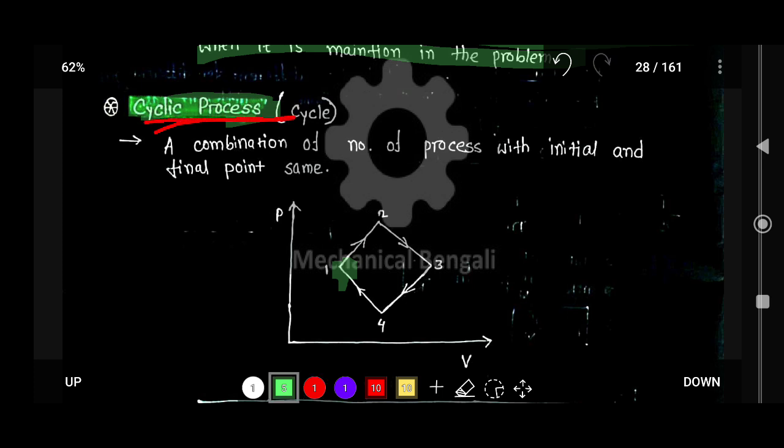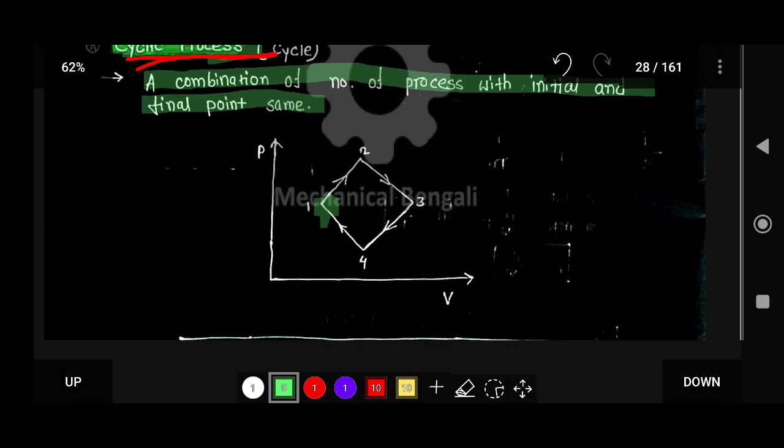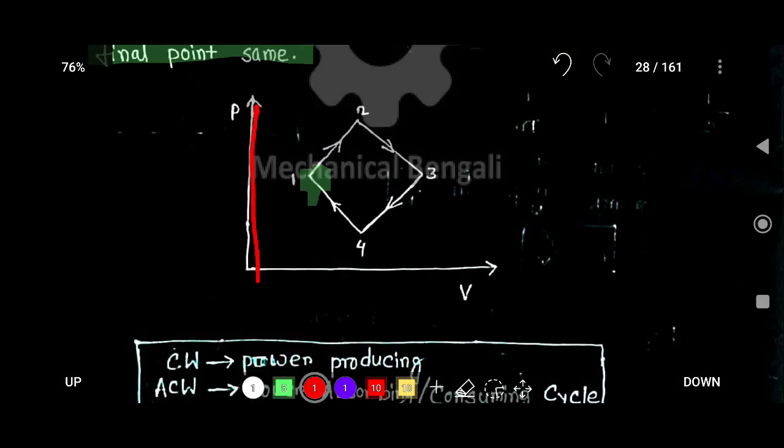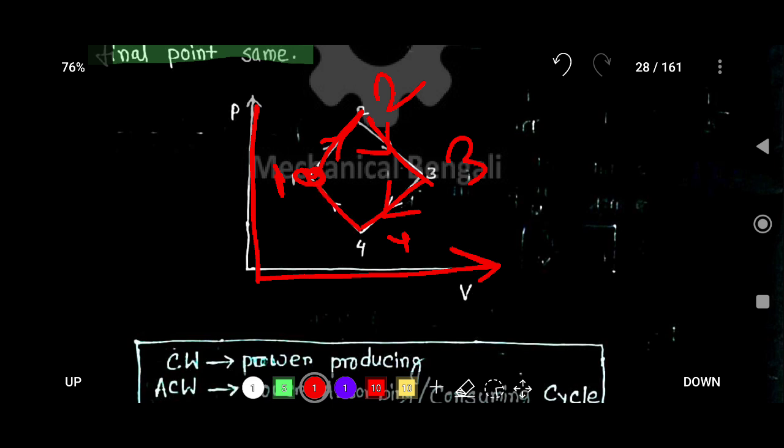Cyclic process means a combination of a number of processes with the initial and final points the same. Suppose this is the PV diagram. Here is the initial state, point 1. 1 to 2 is one process, 2 to 3 is another process, 3 to 4 is another process, and 4 to 1 is another process.